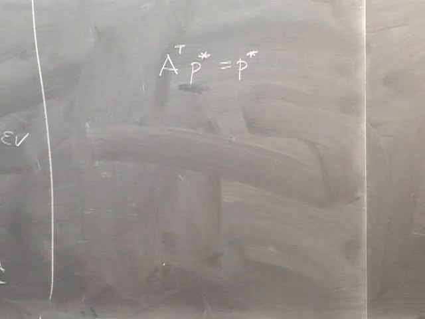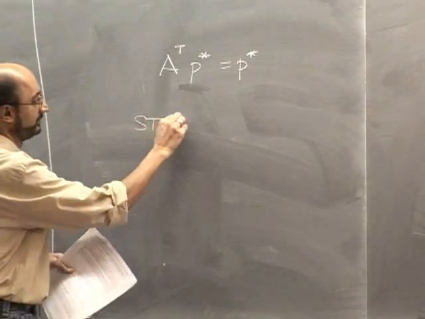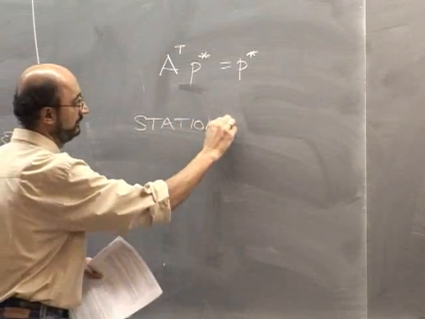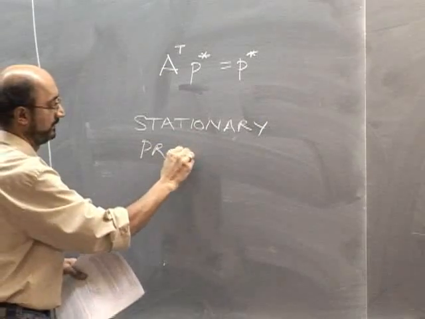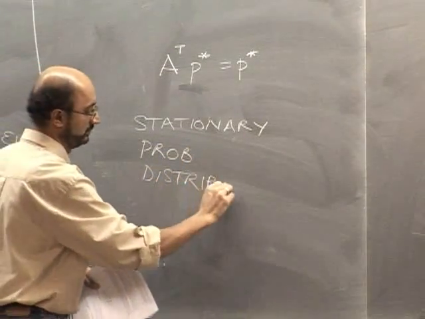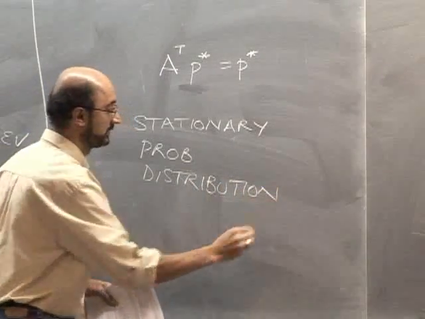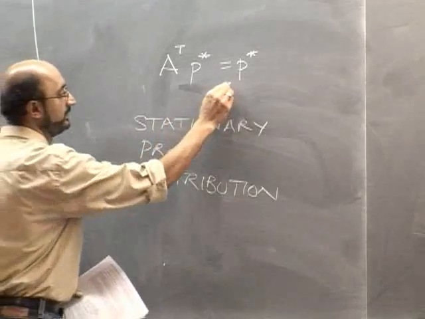We keep applying A, it doesn't change. It just stays there all the time. This means the distribution is not changing, and we call that a stationary probability distribution, and that's P star over here.